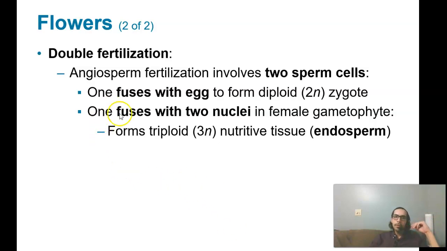Here where it says the two nuclei, that's referring to the two nuclei of the central cell. When those fuse, you get a triploid nutritive tissue, which in angiosperms is called the endosperm. This is the one that serves as the food source.